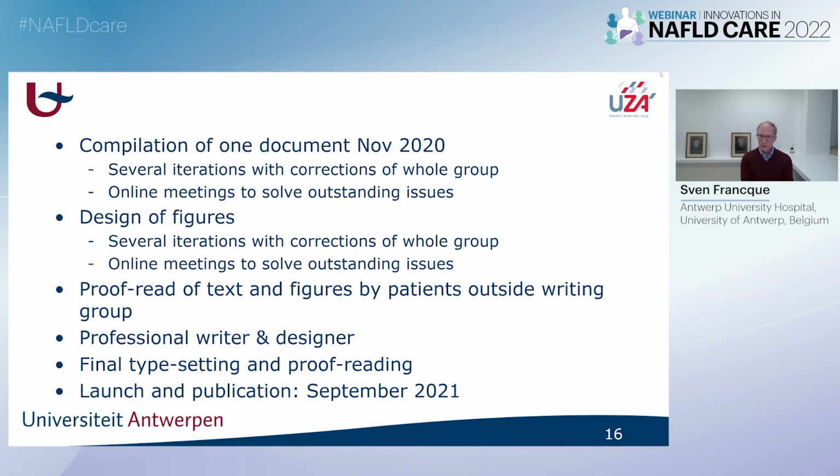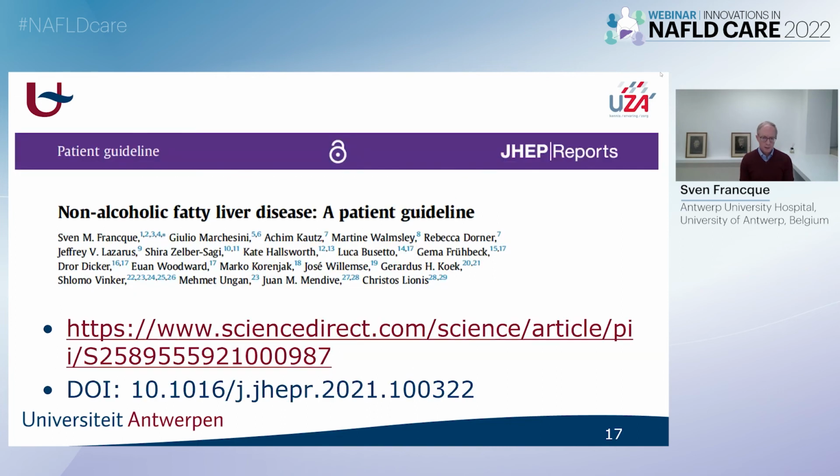These were then integrated. Again, the document was sent through several rounds to the group to have everybody's approval and to discuss final points. And then, of course, it was sent to a professional writer and designer to have the final document that, as I said, was published in September 2021 and is available online for you to read.